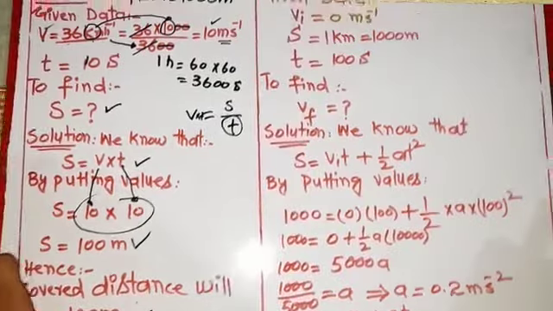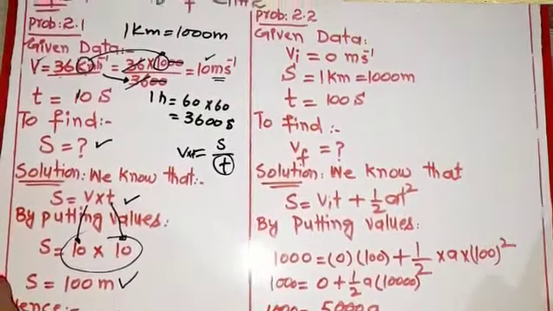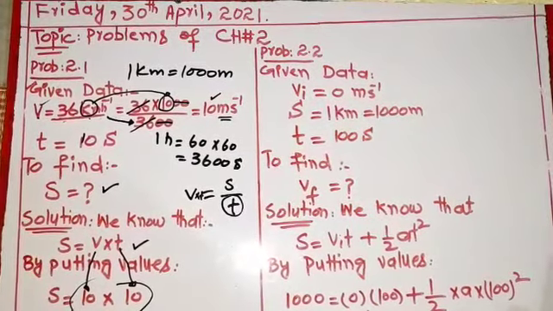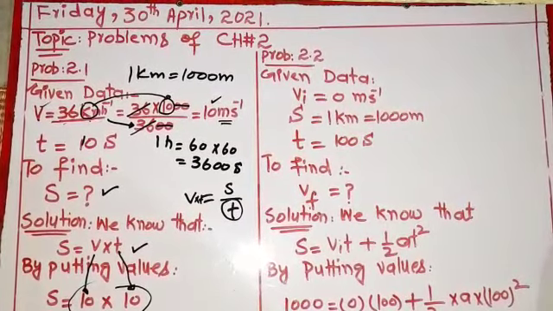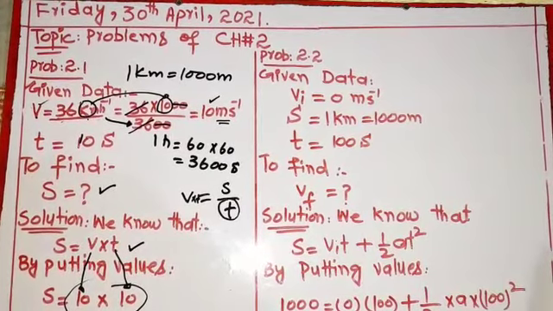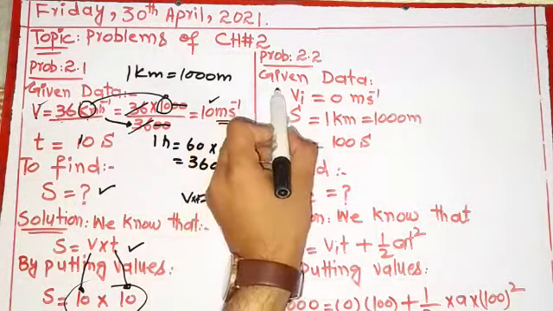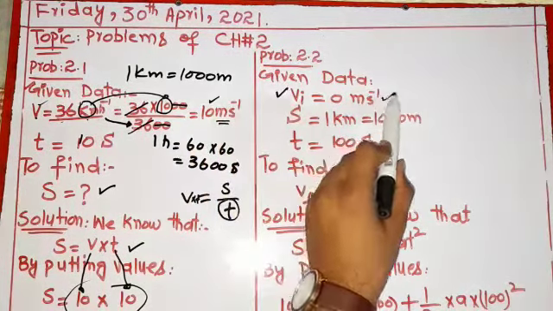Let's start the numerical, problem 2.2. You can see from the book the statement is: a train starts from rest. So the initial velocity of that train will be 0 meter per second.